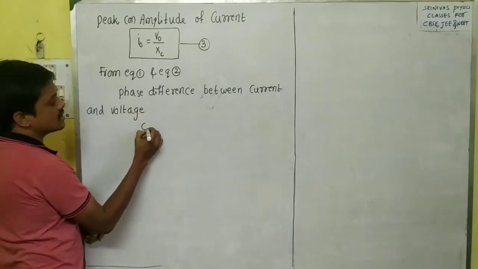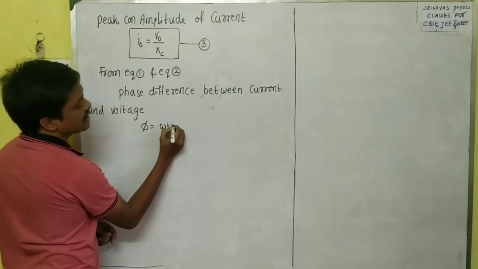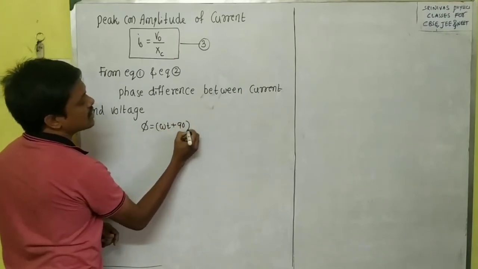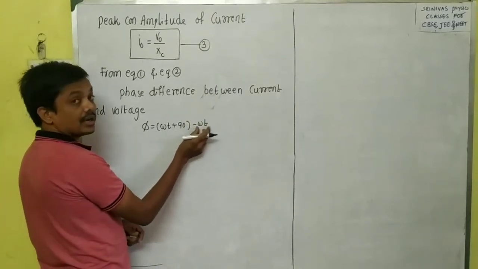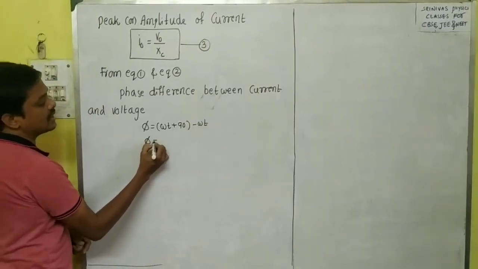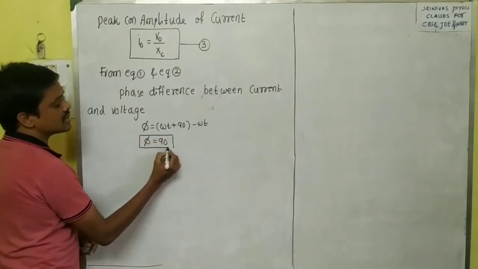We will get omega t plus 90 minus omega t, right? Current angle omega t plus 90, voltage angle omega t, then we will get again 90 degree. That means in inductor and in capacitor, the phase difference is the same.